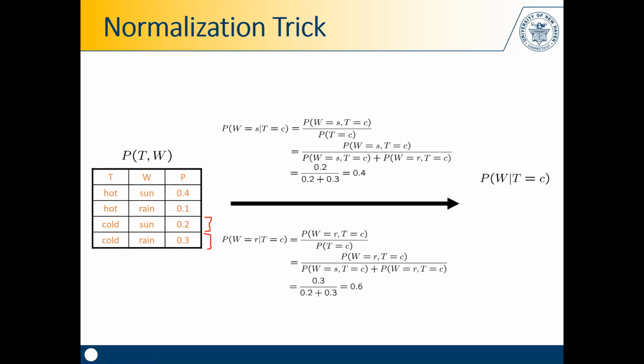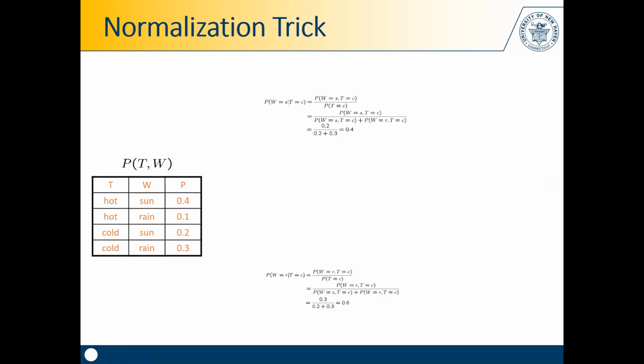We can do the same decomposition and get the corresponding values, which give us the conditional probability distribution of W given the assignment of cold to the random variable temperature. Okay. Is there a way to make things easier in terms of computing conditional probability tables? Let's see.